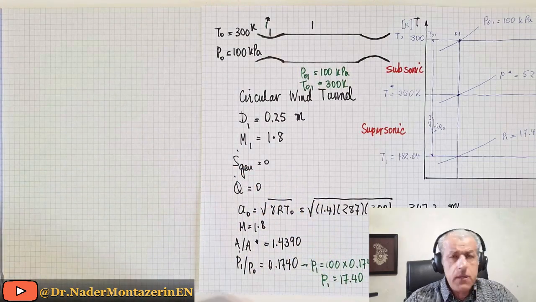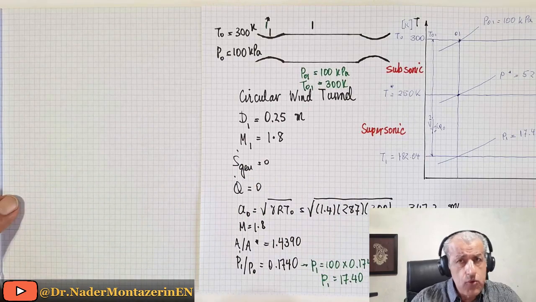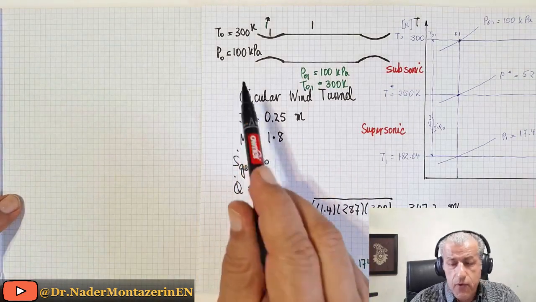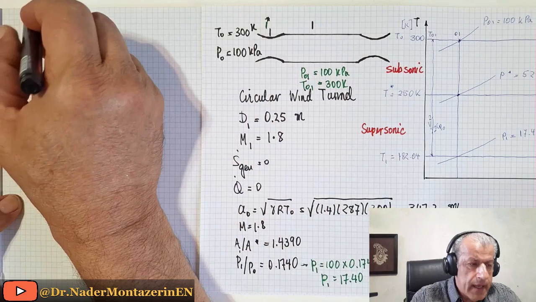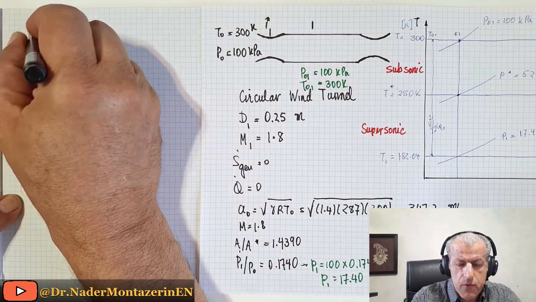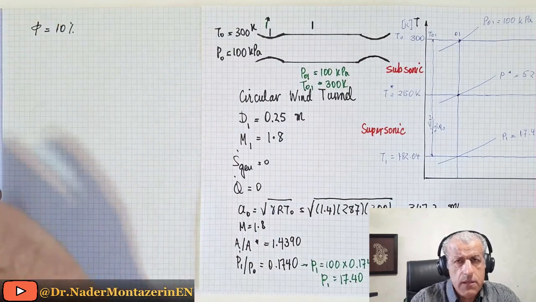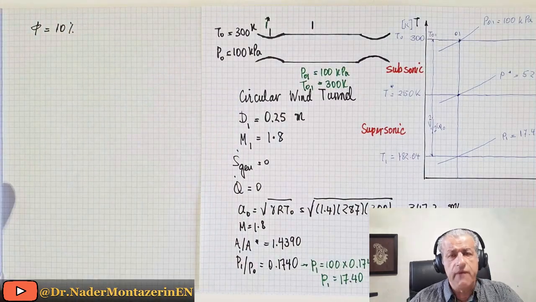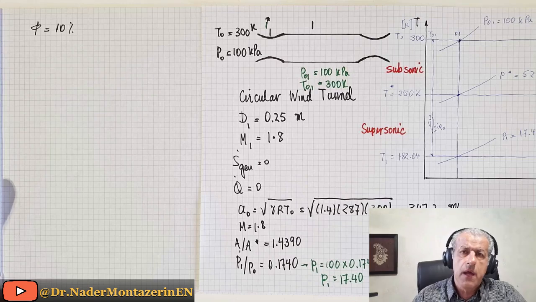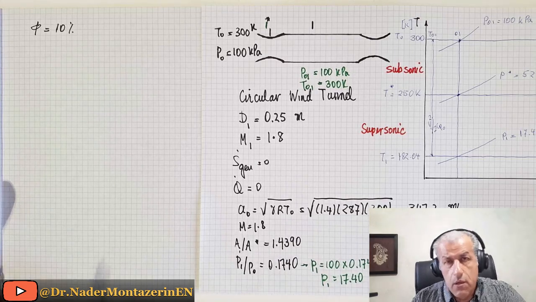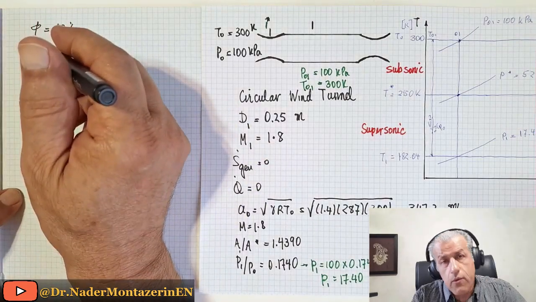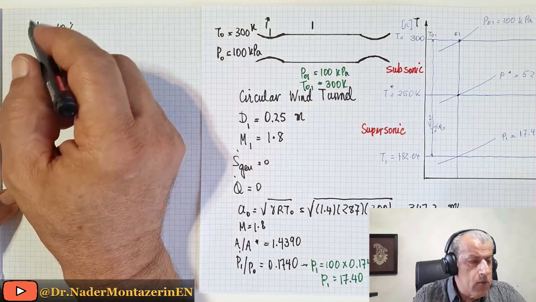And to start, let's assume that the flow that enters this tunnel has a relative humidity of φ equals 10%. So it's not that humid. It's in fact fairly dry, unpleasant air. If it's more humid, then the worse our problem would be.